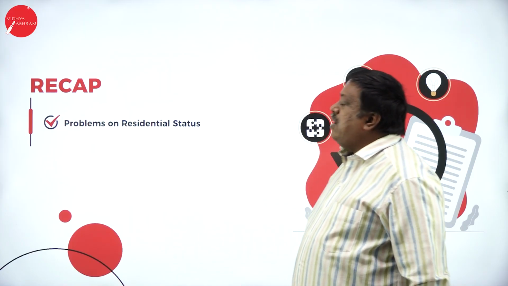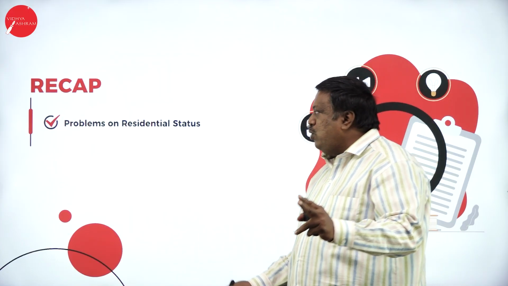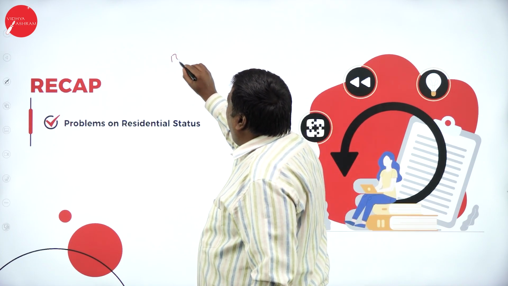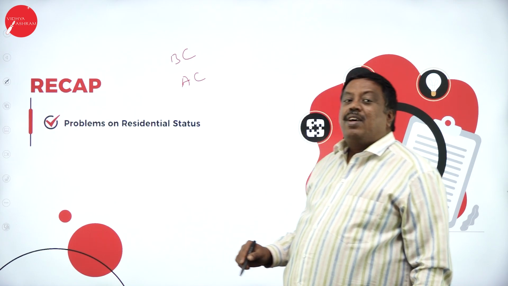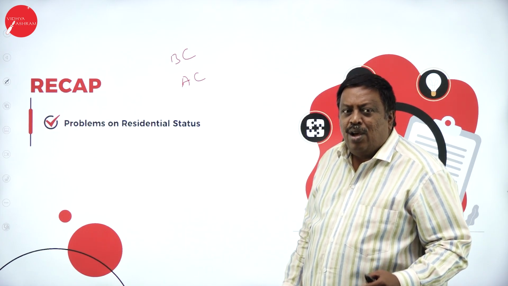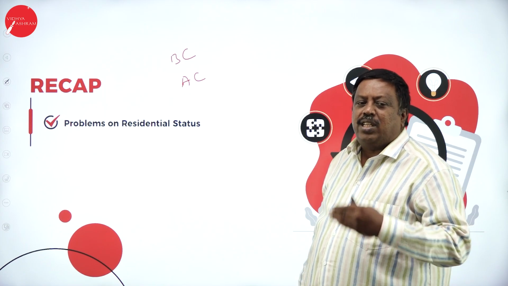In our previous session, we solved 2 problems by verifying the basic condition as well as additional condition of the status of an individual for the purpose of paying the tax to the government.